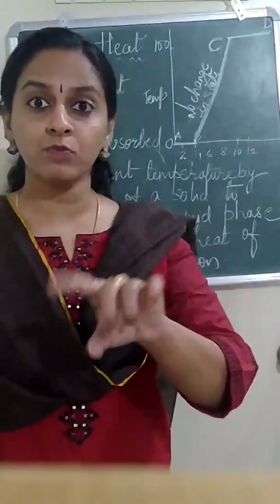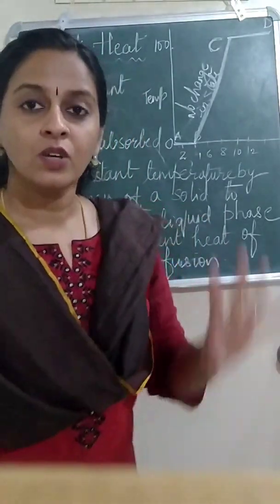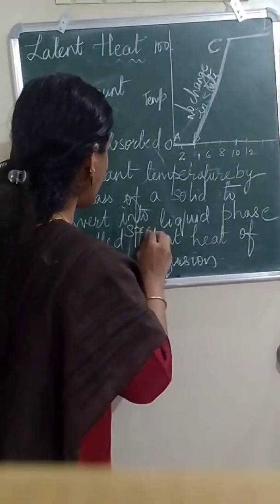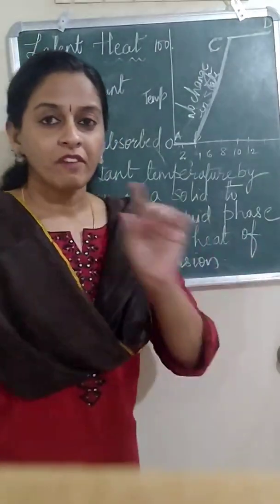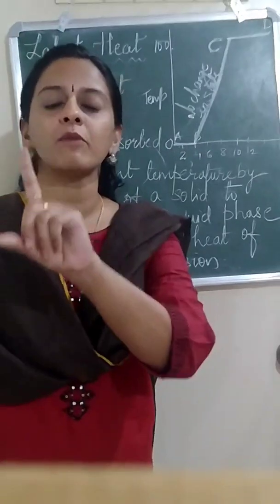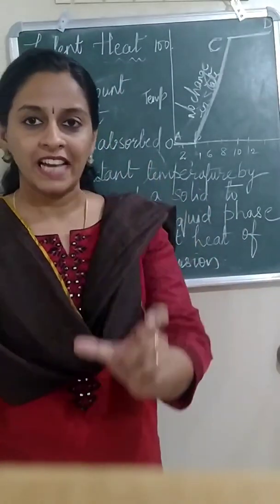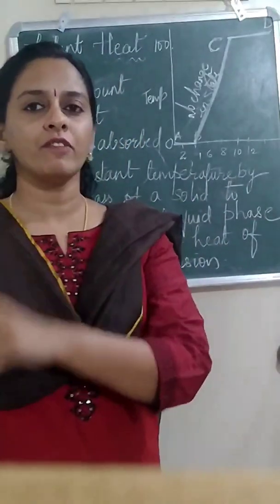Now here I have specified one thing, that is unit mass. So you will add one more word here, that is specific latent heat of fusion. When you specify unit mass, meaning 1 kilogram or 1 gram, you will make one more term in your definition, that is specific latent heat of fusion.